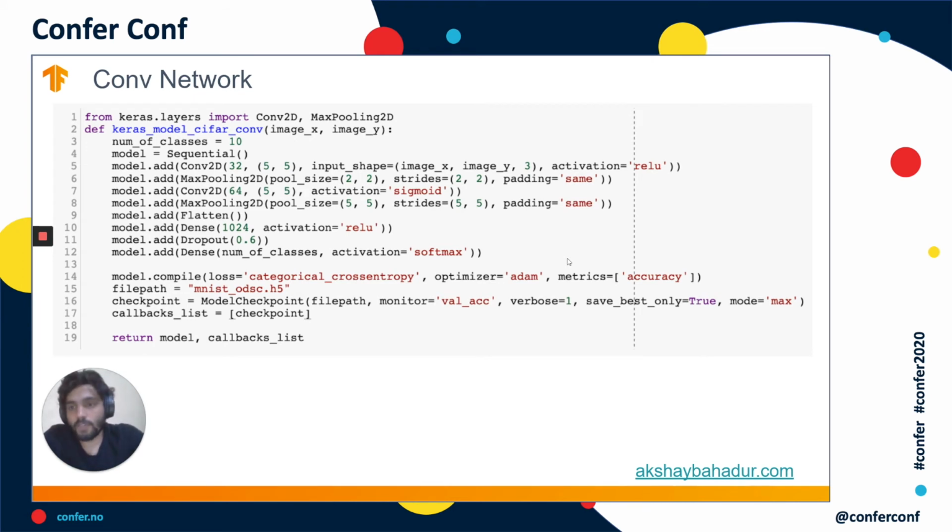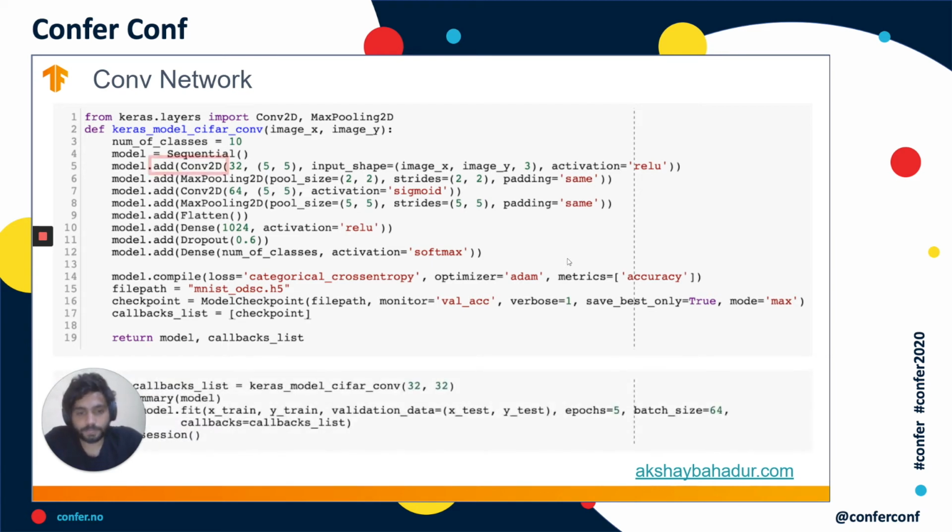We have conv layers, we have certain max pooling layers. We're not going to talk about them in detail, but basically you can understand that each of these layers is going to help the model learn a lot of features, and that's going to help it identify which class the image belongs to.